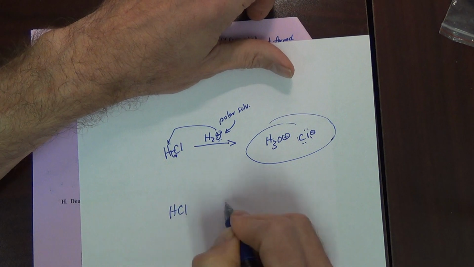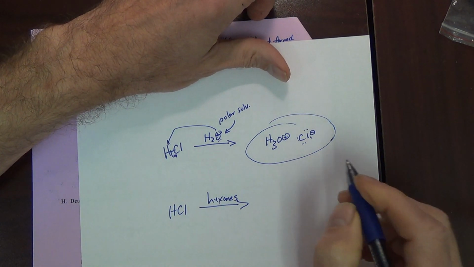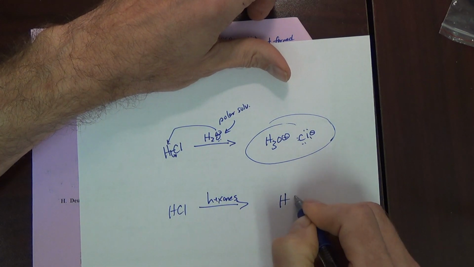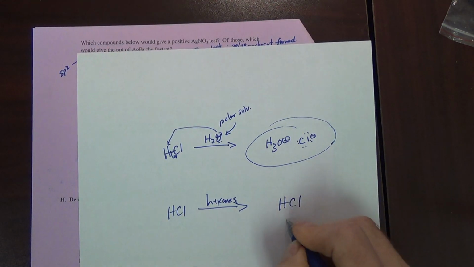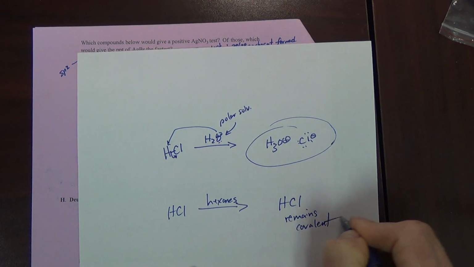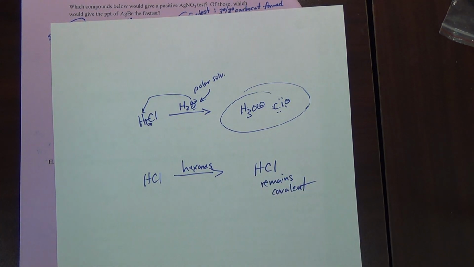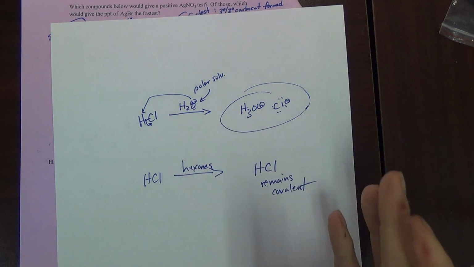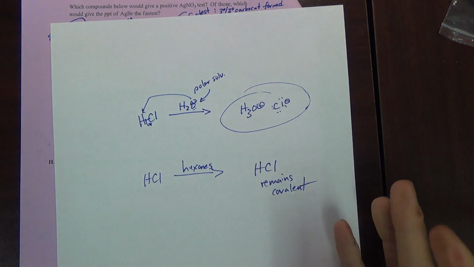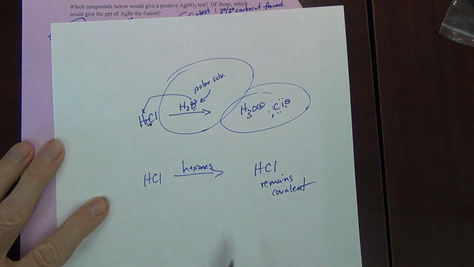If you put HCl in hexanes, you learn that HCl remains covalent. It does not ionize. There are no ions formed. There are slightly different considerations going on here, but in the end, polar solvent promotes formation of ions.